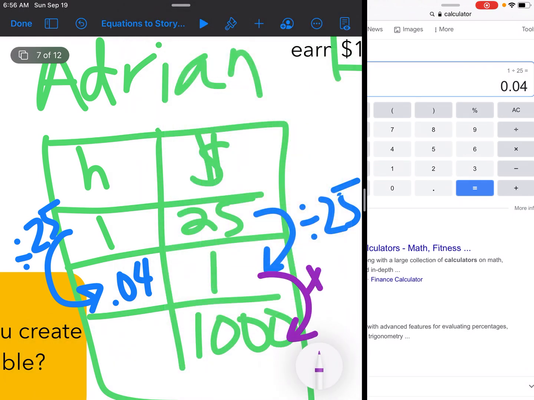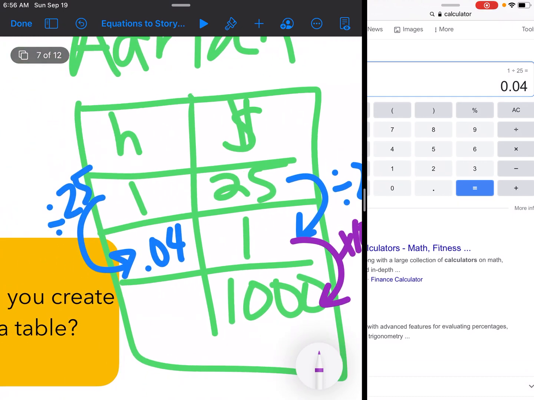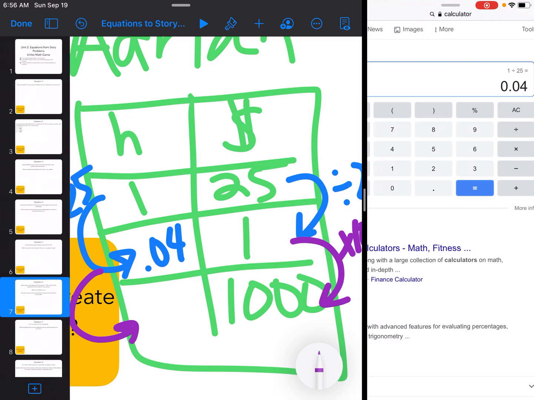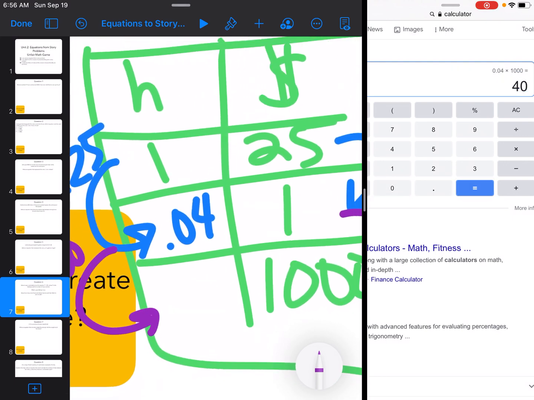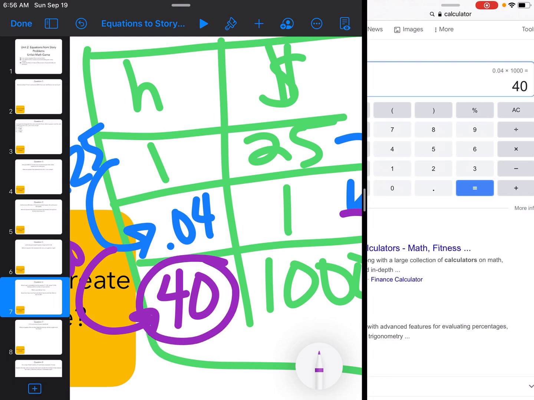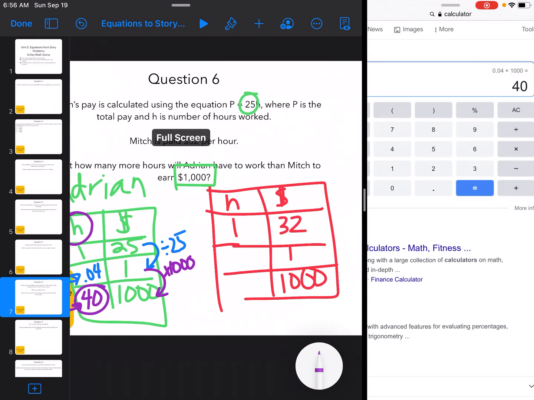So I'm going to multiply by 1,000. So on this side, I'm going to multiply by 1,000. And I get 40. So it's going to take him 40 hours to earn $1,000 because it's in the hours column. So 40 hours to earn $1,000.